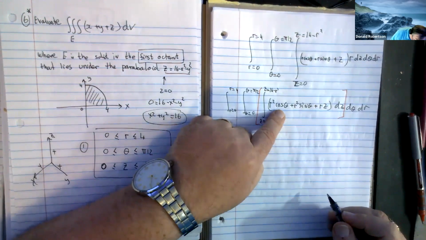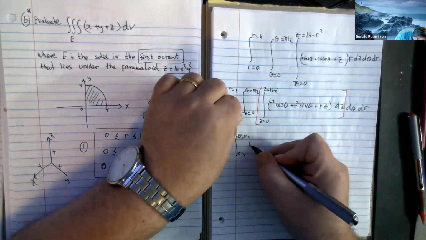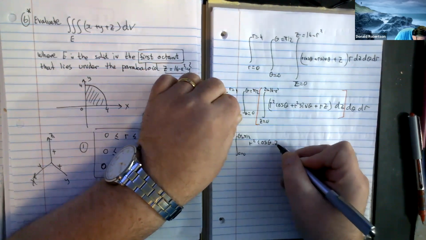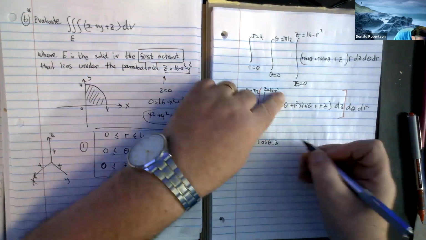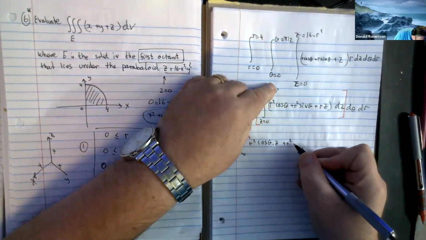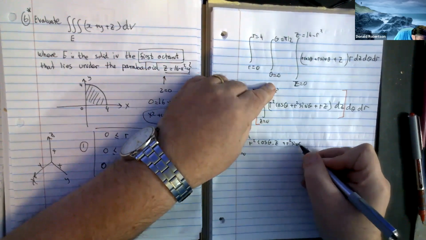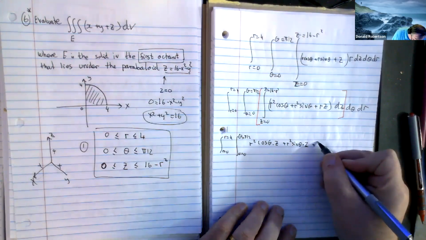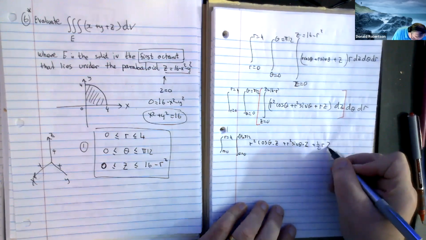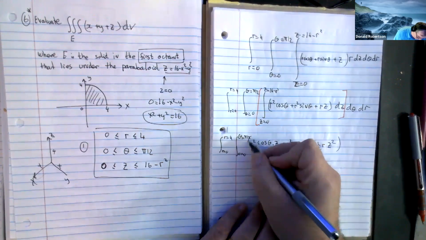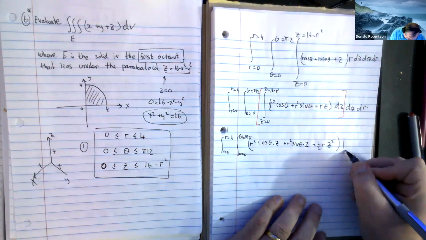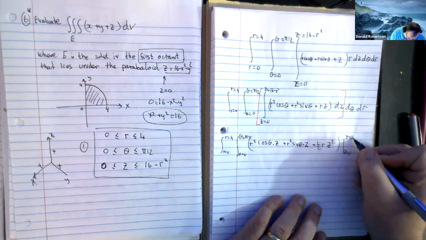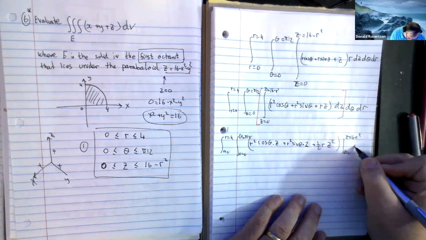That term's basically not got any z's in it, so when you integrate it, you get r squared cos theta times z. That one doesn't have a z either, so that's going to get me r squared sin theta times z. And that one does have a z in it, so I'm going to have 1/2 r z squared. It's going to be evaluated from z equals 0 to 16 take away r squared.